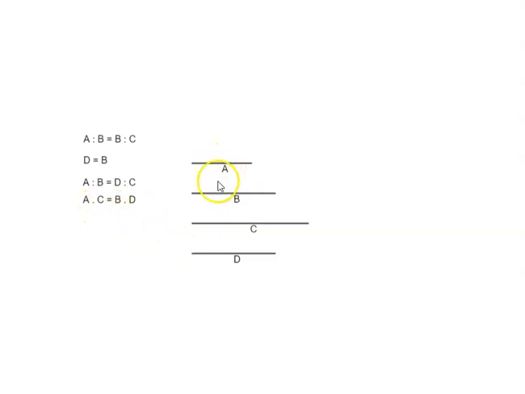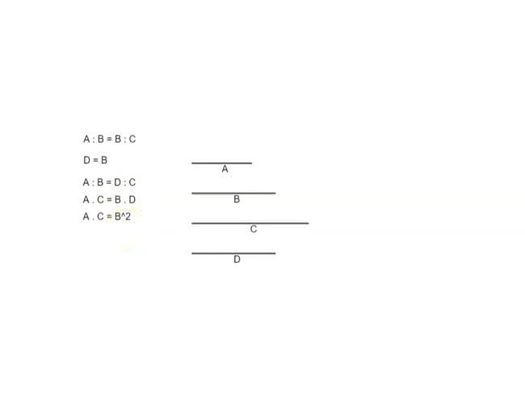A and C are the extremes and B and D are the means. So A by C equal to B by D, and now we can write it as A by C is equal to B square. Why? Because B is equal to D. So which is what we had to prove.